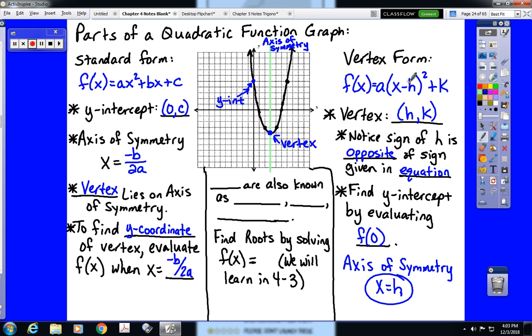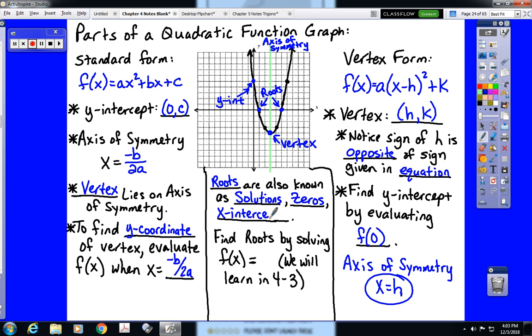Now the last thing that's important from a graph are what are known as the roots. There's two of them. The roots of this quadratic equation. Now roots, we should know from algebra, actually have several different names. Roots are also known as the solutions, the zeros, and the X-intercepts.